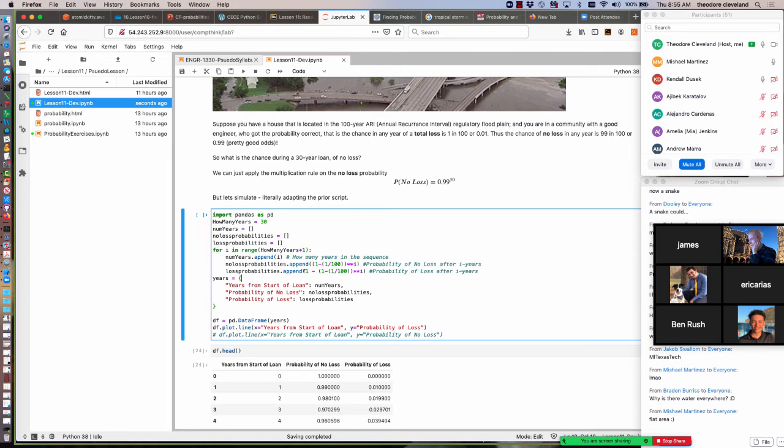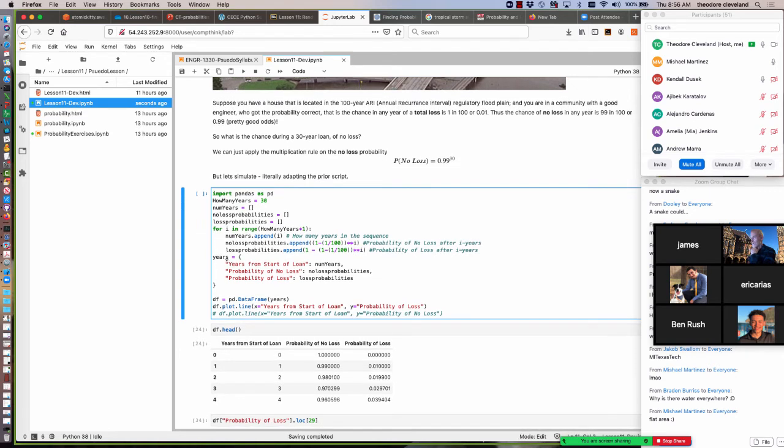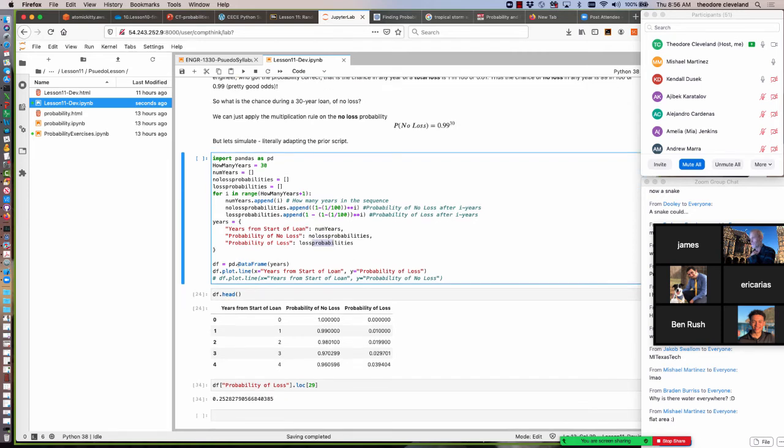And we'll compute the loss probability, which is 1 minus 1 in 100 raised to the year count. We'll create a dictionary that has 3 keys: years from start, probability of no loss, probability of loss. And each of those keys corresponds to the number of years, the no loss probabilities, and the loss probabilities. We'll convert that dictionary into a data frame, and then we'll do some plots.